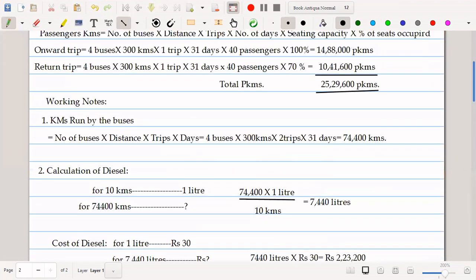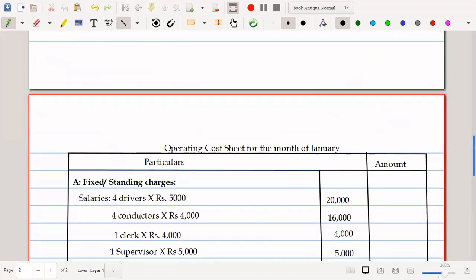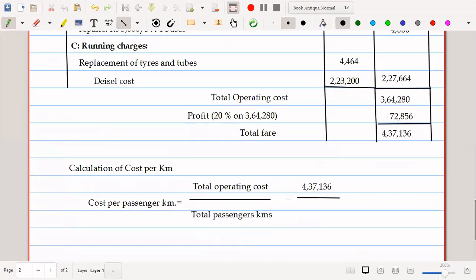Very first thing, that is 25,29,600. We have to take this here now. 25,29,600 passenger kilometers. This is rupees. Total operating cost will always be in rupees.